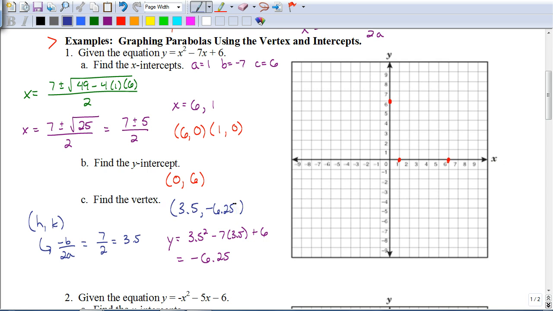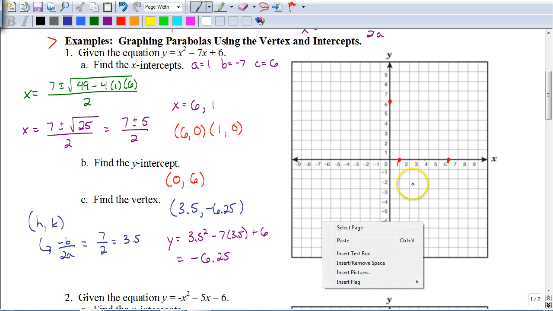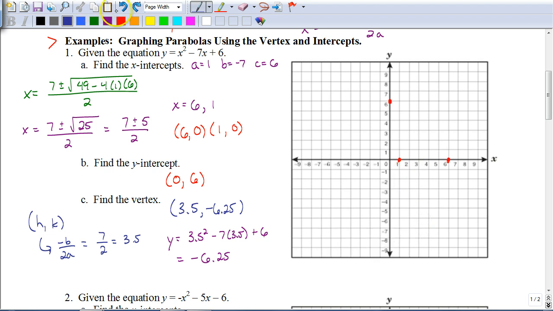So there's our vertex. We're going to estimate 3.5 would be right here. So go down 6 units: 1, 2, 3, 4, 5, 6. 0.25 would be about here. Now, that's our vertex, and our line of symmetry is going to go through that vertex.